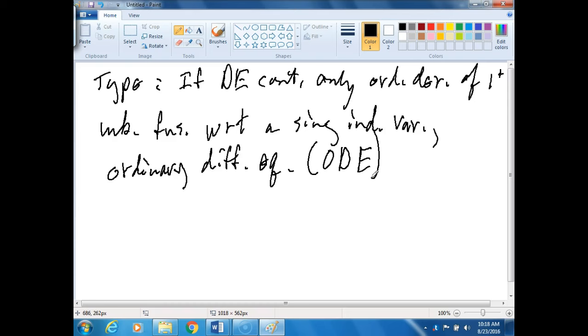Now, an equation involving partial derivatives of one or more unknown functions with two or more independent variables is called a partial differential equation. We will not be doing any partial differential equations in this course. I'll show you one in just a second, but we're not going to do any. That usually is a separate course.